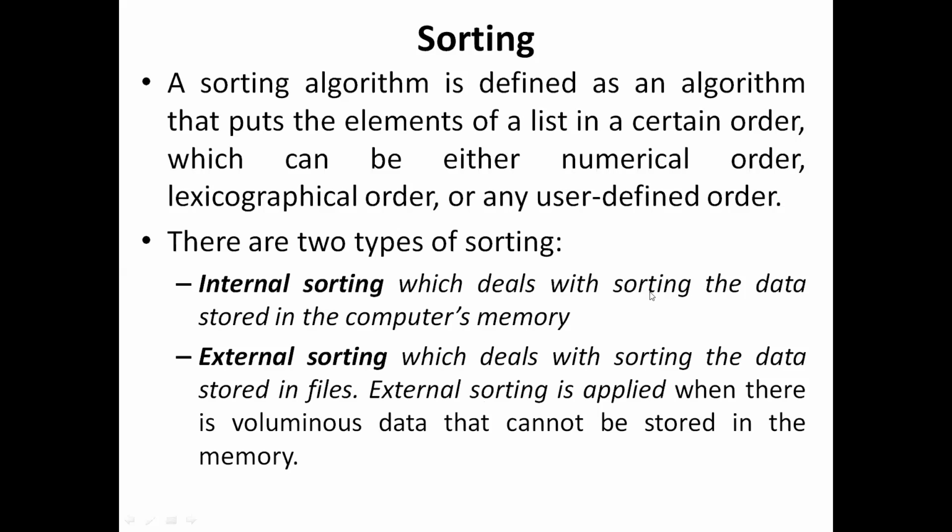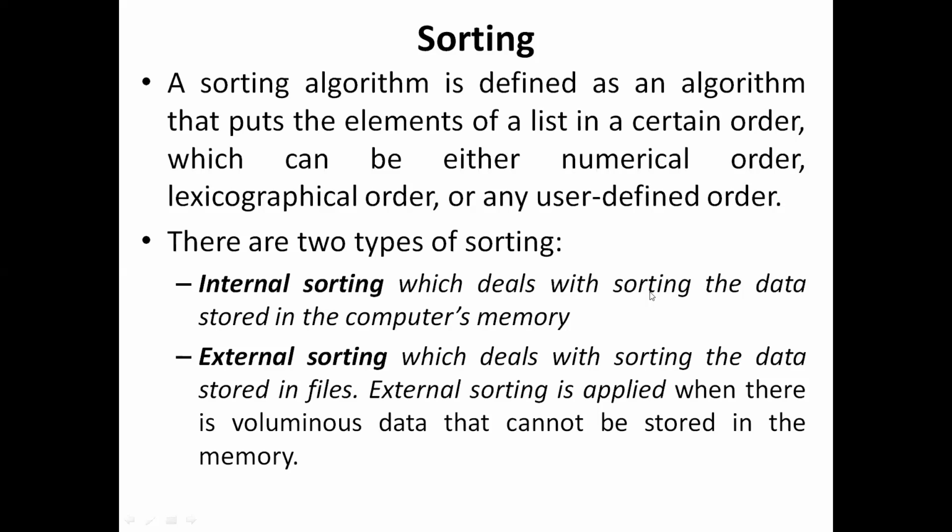So it can be any type of sorting. Either I want to do it in chronological order, or the user will define that whoever comes first, I have to sort in that manner. So sorting can be numerical, lexicographical, alphabetical, chronological, or we can use several names.